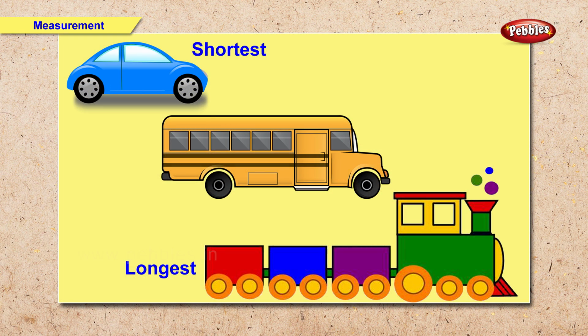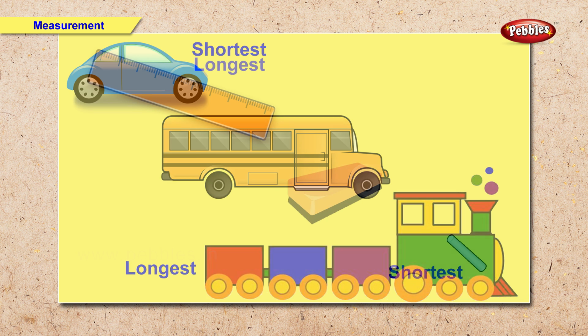Here we have a train, a bus and a car. Now you tell me which vehicle is longest and which vehicle is shortest. I'm waiting. Right, train is the longest and the car is shortest.